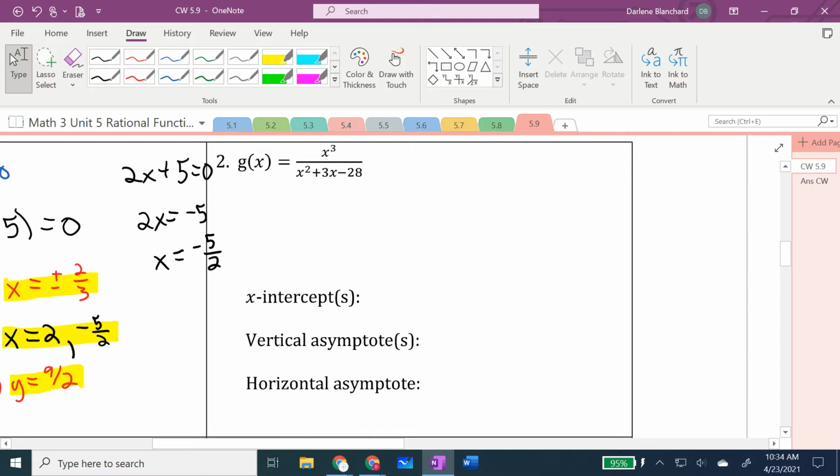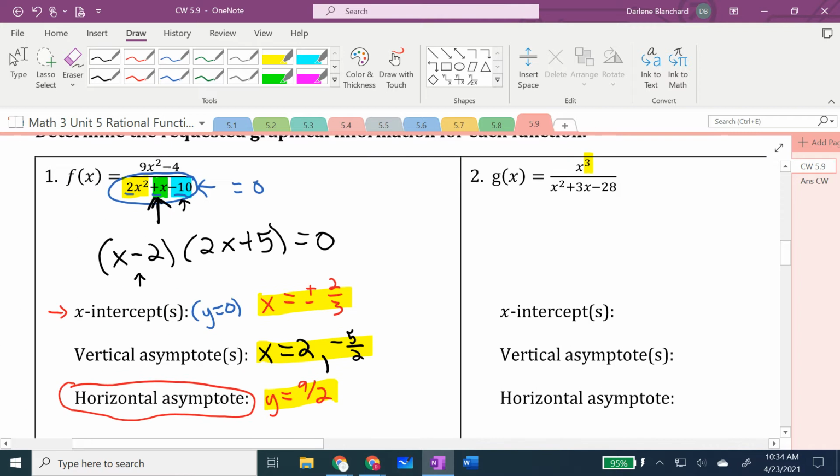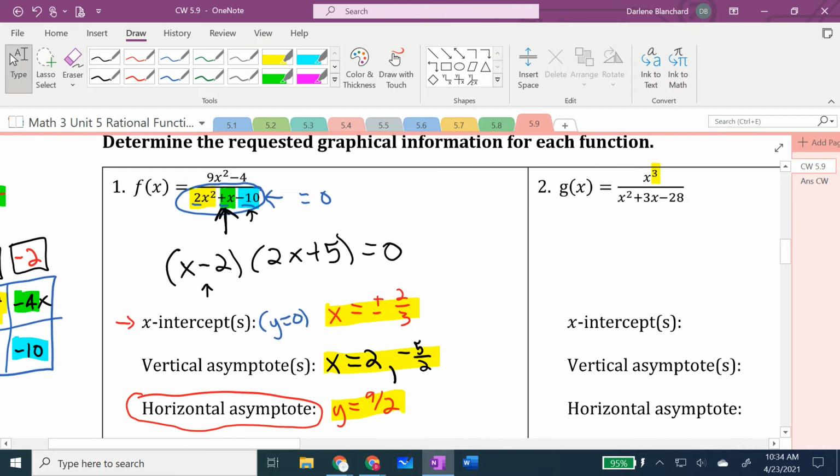And again, I want to start with horizontal asymptote because that's the thing that's new. What is the degree of the numerator polynomial? And I just noticed the question, why is it only the numerator? Was that for the x-intercepts?